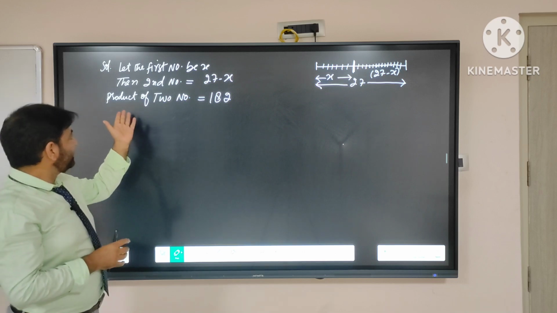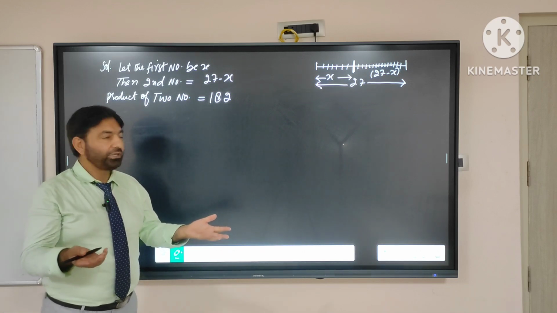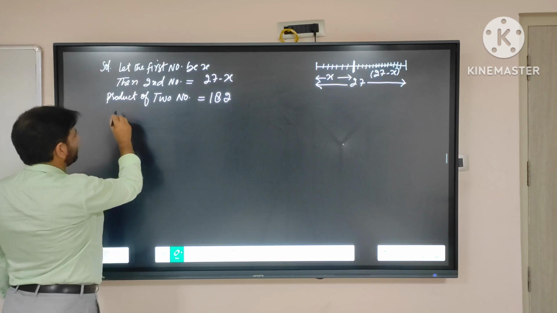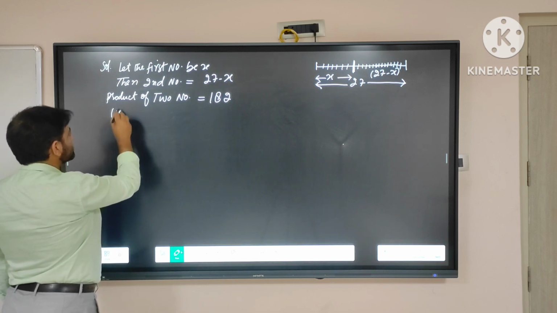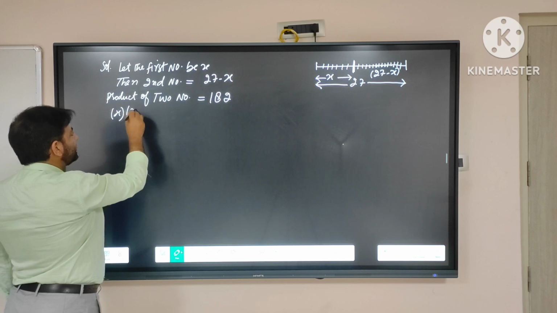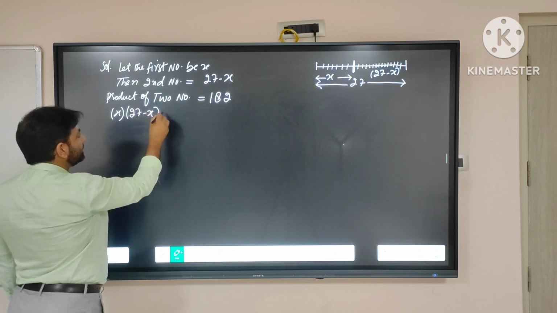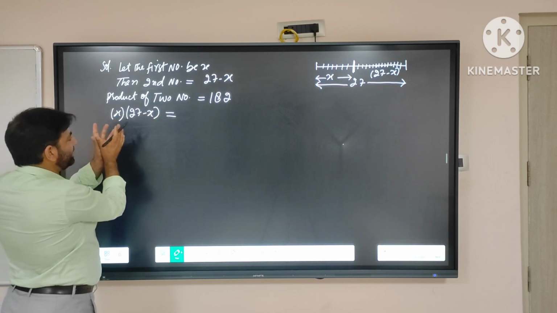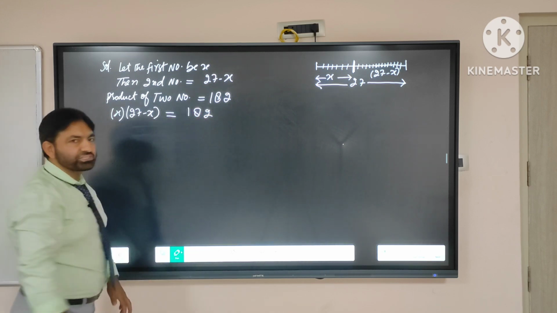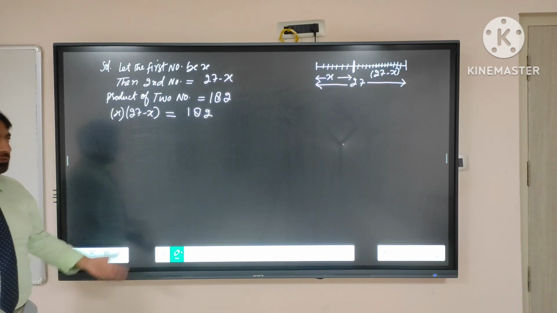We can write here according to the question. So the product is 182. Let's bring the first number. The first number is x. The second number is 27 minus x. So when we multiply them, we get the product, that is 182. It is the given condition.